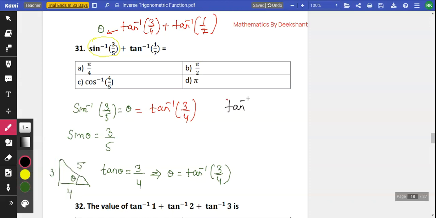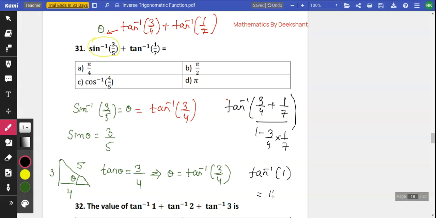Tan inverse 3 upon 4 plus 1 upon 7 upon 1 minus 3 upon 4 multiplied by 1 upon 7. After solving this, it becomes tan inverse 1. Tan inverse 1 is pi by 4. Therefore the correct answer is option A, pi by 4.